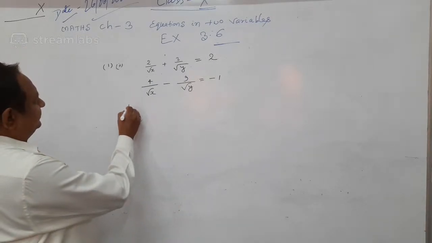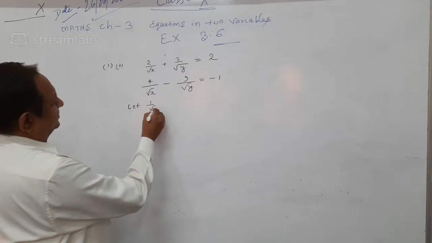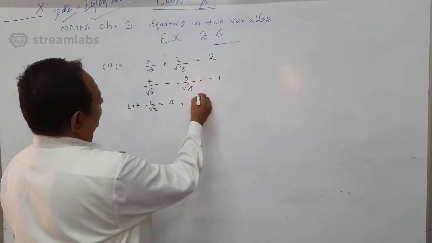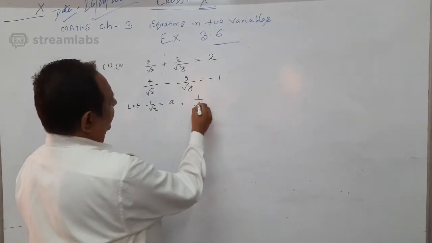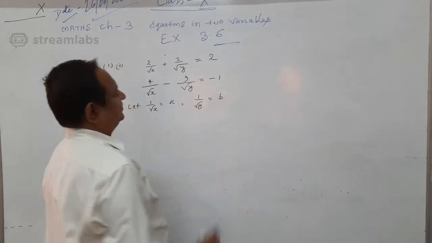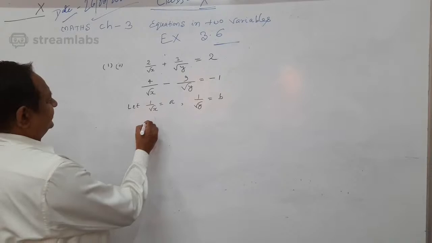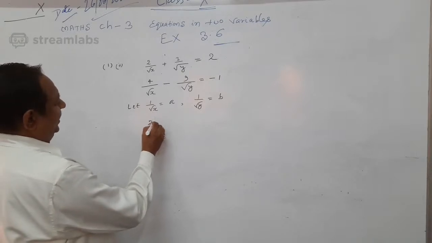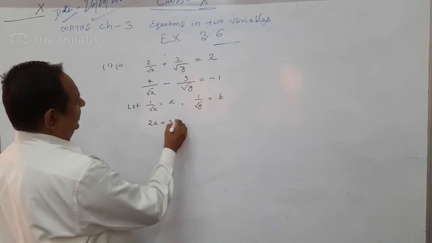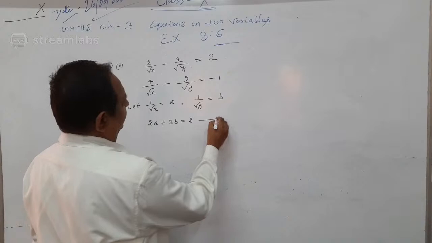So let 1 upon root x is equal to a, 1 upon root y is equal to b. So the given equations change to 2a plus 3b is equal to 2, say equation number 1.